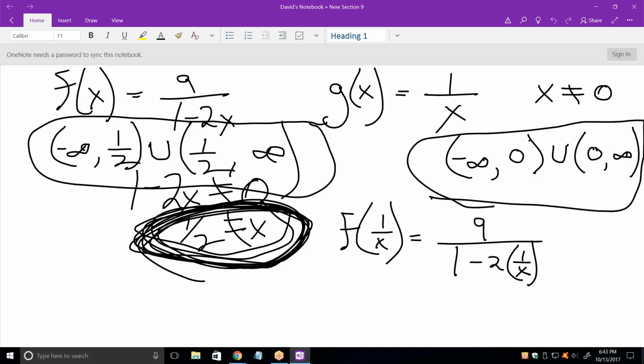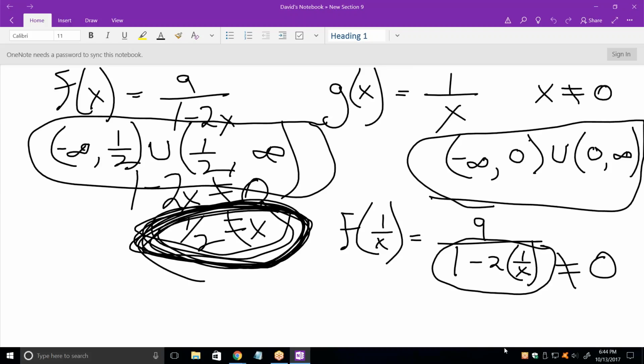What else can it not be? 1/2, because that's one of the restrictions from the original domain. But to figure out what x cannot be in the composite function, clearly x can't be 0 because that would make 1 over x undefined.